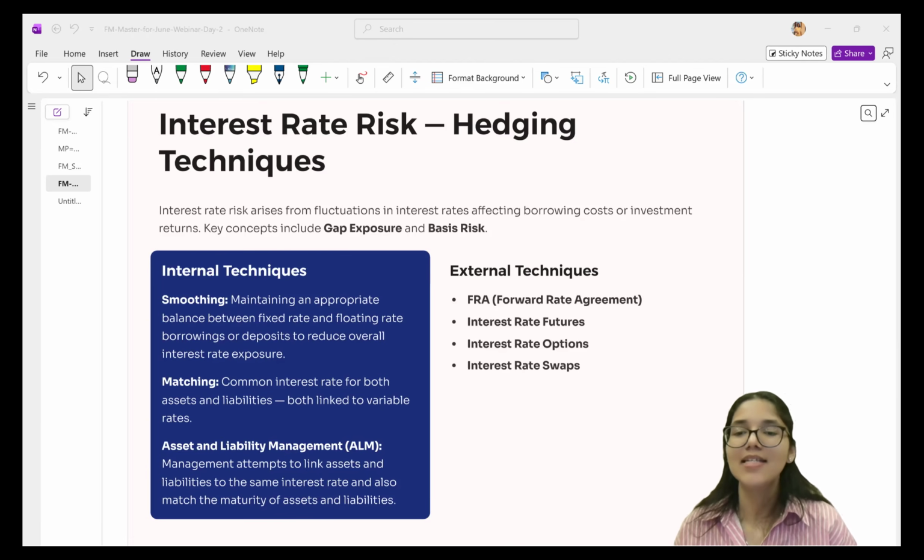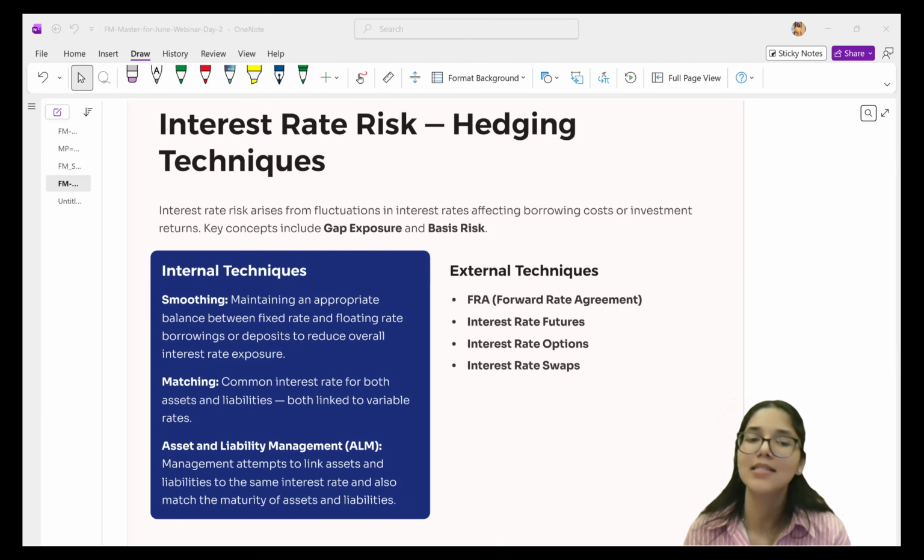Yes, the difference is coming towards the maturity. So with matching, we are trying to link the assets and liabilities to the variable rates. And then with ALM, we are also trying to match their maturity.